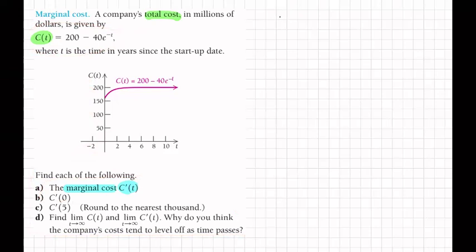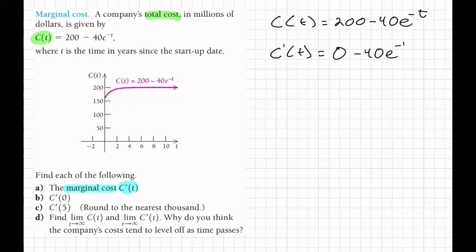Now, when we look at this, when you have C of T equal to 200 minus 40 times e to the negative T, it kind of follows like that first one we did, right? The difference here is, though, when you do the derivative, we get 0 minus 40 times e to the negative T times -1.